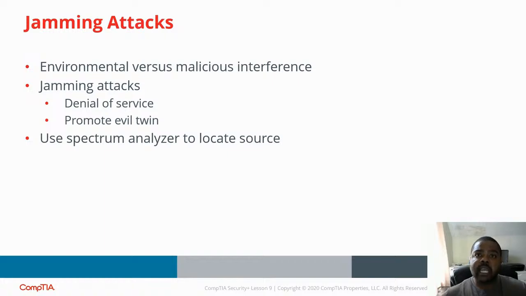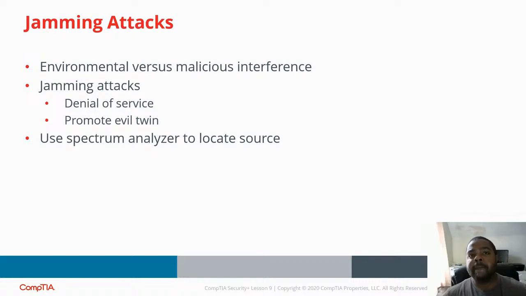Now, another attack you need to be aware of is jamming attacks, and this is where we have a very loud radio signal that causes a loud interference with our legitimate network signal. So when you think of jamming, I want you guys to think of static within the radio airwaves.